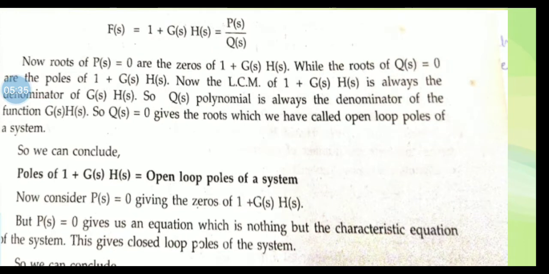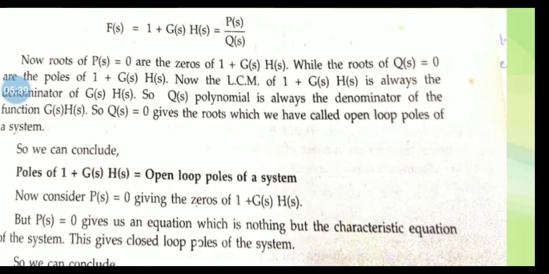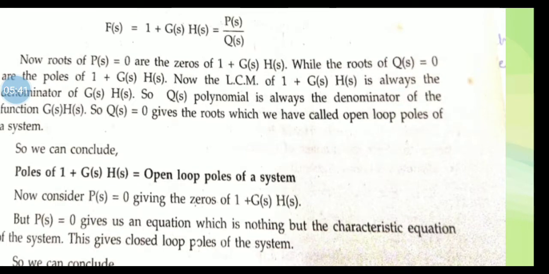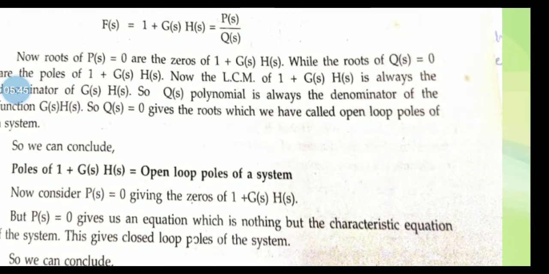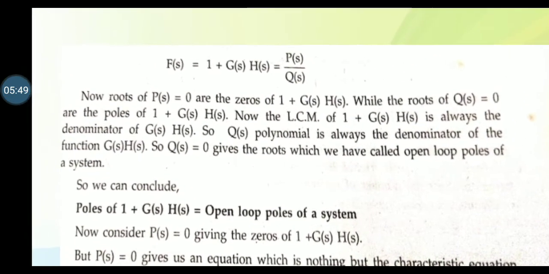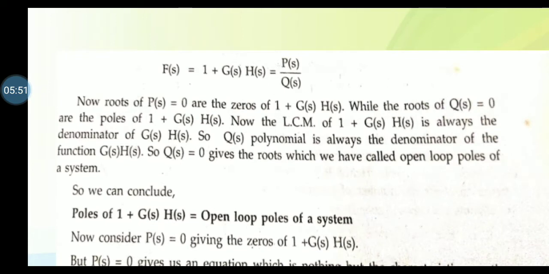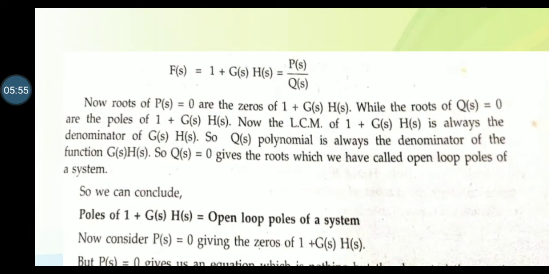The roots of P(s) equal to 0 are the zeros of 1 plus G(s)H(s), whereas the roots of Q(s) equal to 0 are the poles of 1 plus G(s)H(s).